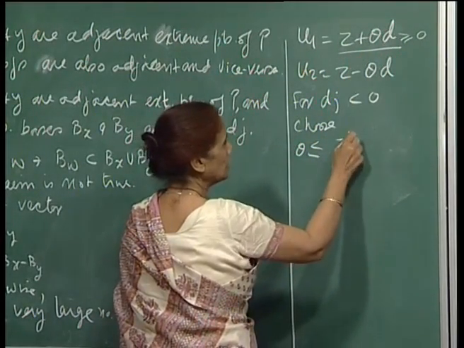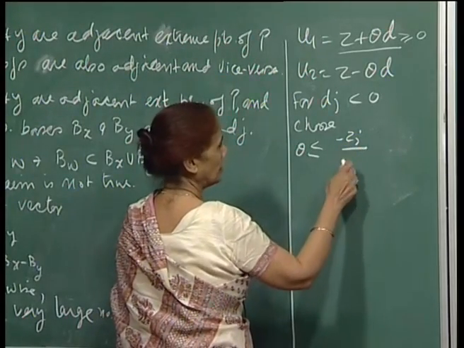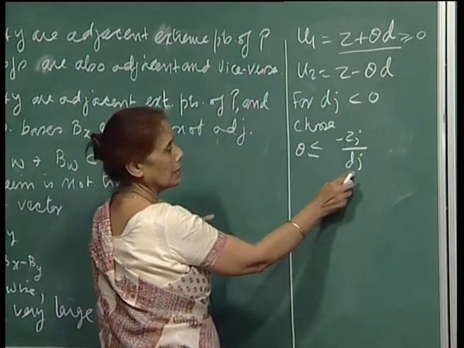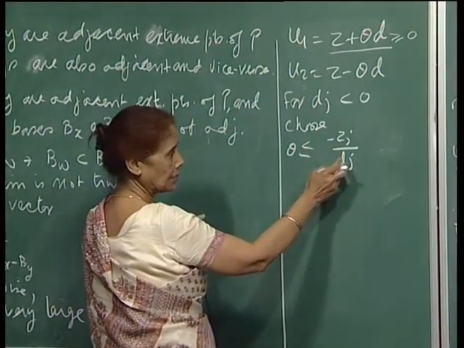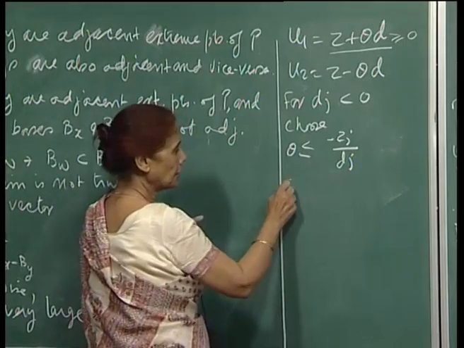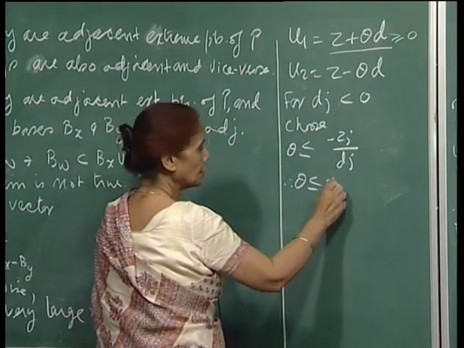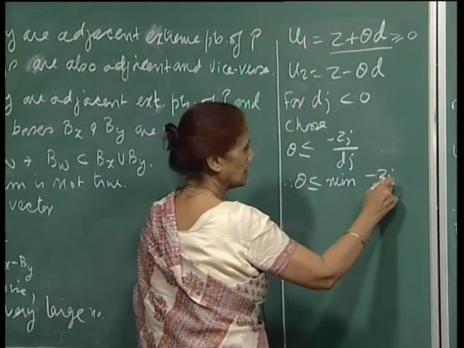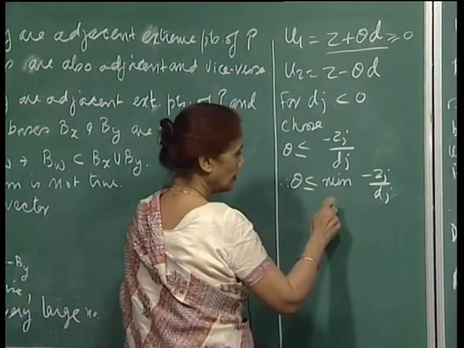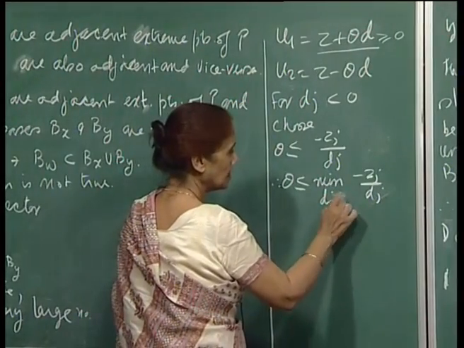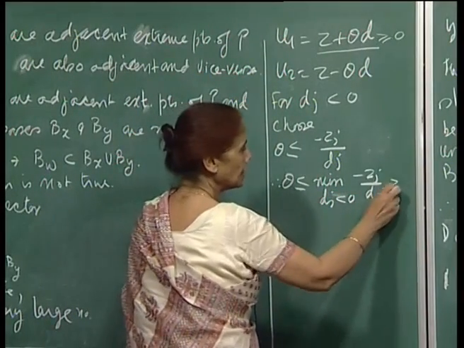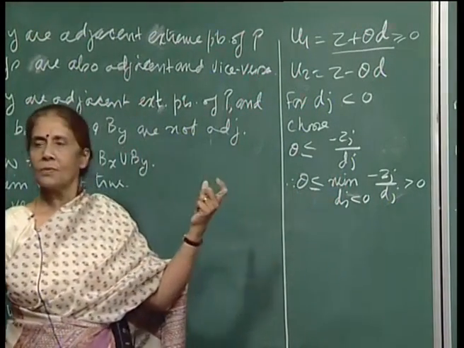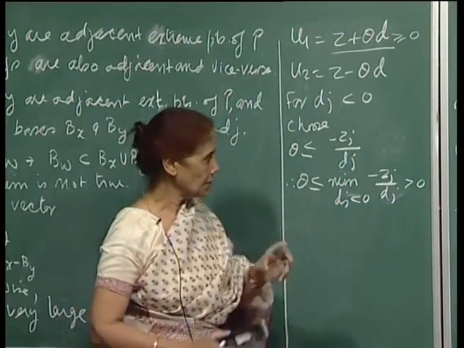So, theta should be less than or equal to minus Zj upon Dj. And Dj is negative, so the ratio is a positive number. Therefore, theta should be less than or equal to the minimum of minus Zj upon Dj for all Dj less than 0, and this number is going to be positive. So, I can choose theta to be some positive number satisfying these conditions.